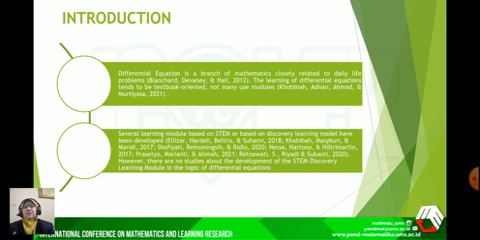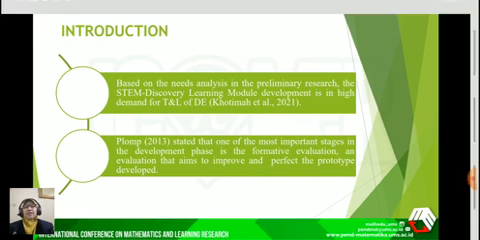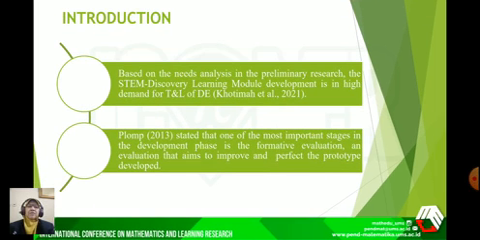However, there are no studies about the development of a STEM discovery learning module on the topic of differential equation. Based on the needs analysis in the preliminary research, the STEM discovery learning module development is in high demand for teaching and learning of differential equation.